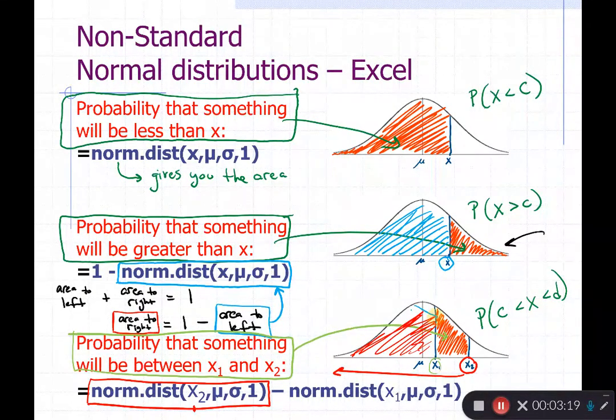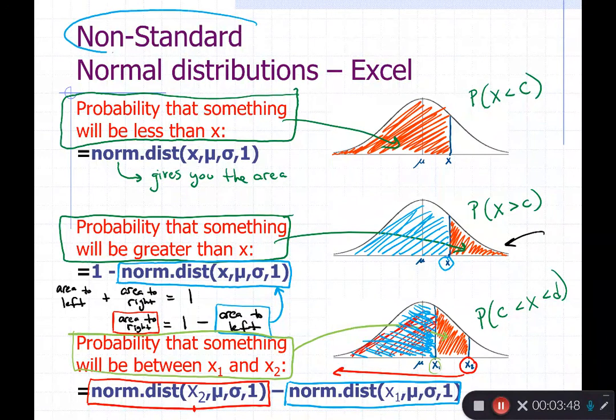So let's now take this portion that I'm using blue for, everything to the left of x1. Okay? So if we subtract off the blue area, that will leave us with what we want, the area between two x values. Okay, now keep in mind, this is for the non-standard normal distribution.